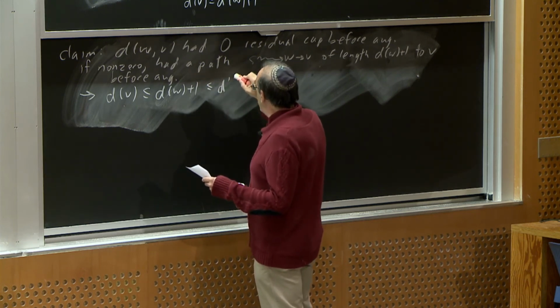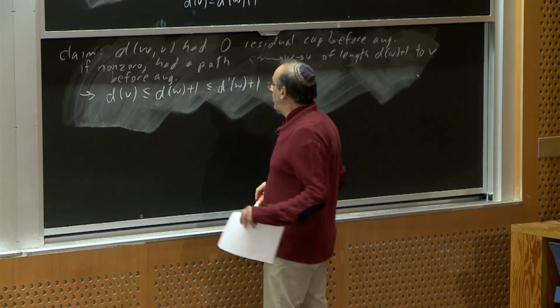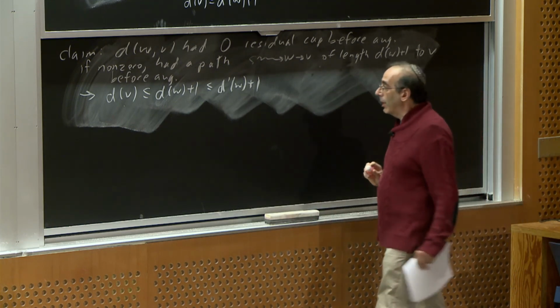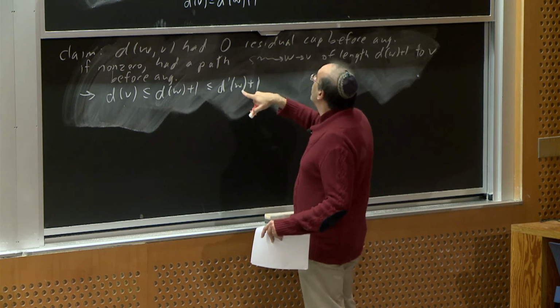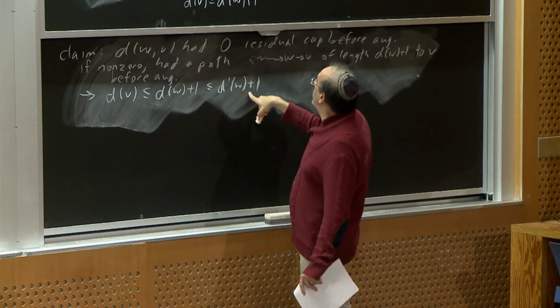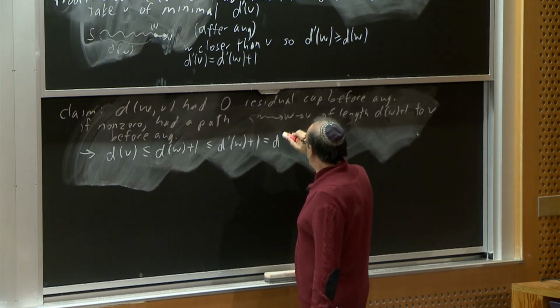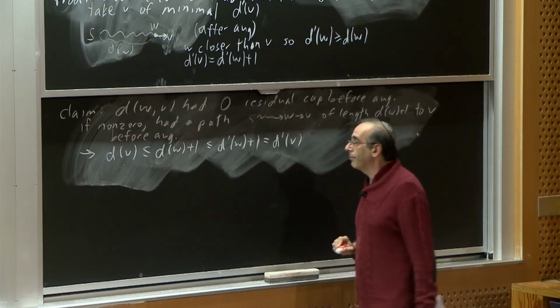But that's less than or equal to d prime of W plus 1, because W didn't get any closer. Right? But d prime of W plus 1 is what gives us the new distance of vertex V. Okay.